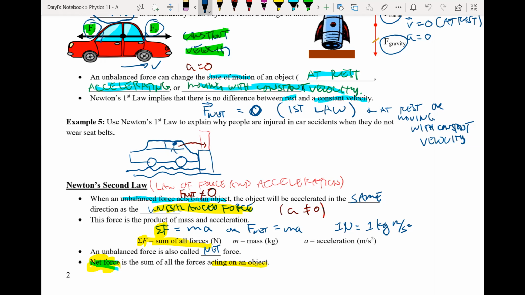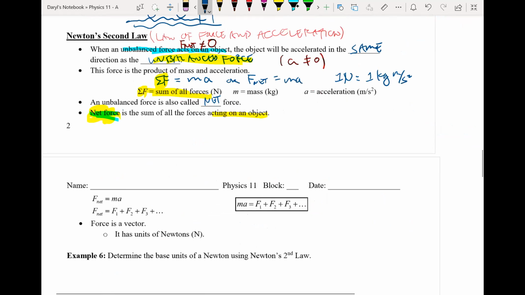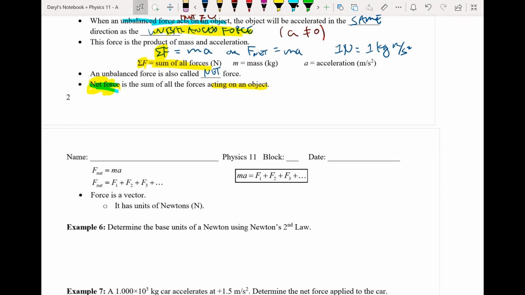If the net force acting on the object is 1 Newton and the object has a mass of 1 kilogram, you would expect its acceleration to be 1 meter per second squared. So that's the definition of a Newton.